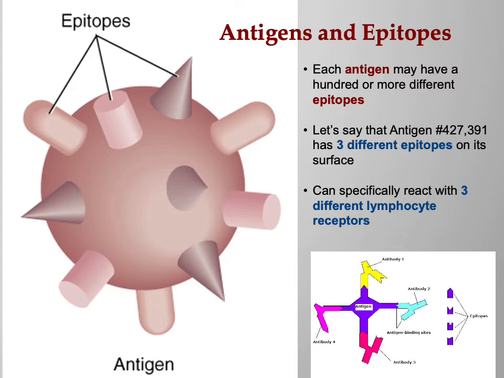When you look at the lower right, you see that an antigen can have several different epitopes. Well, you can have antibodies for each epitope. So this antigen, for example, will have 4 antibodies that can attack it because it has 4 different epitopes on it. All right? A lot of versatility in your immune system. You can generate a variety of antibodies that will attack the antigen in many ways. That gives you a better chance of getting it.